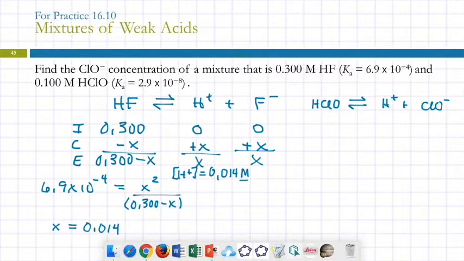So the initial concentration of the hypochlorous acid is 0.100 molar. Can we say that the initial concentration of hydrogen ion is 0? No, because we've got this other acid present. This acid by itself would give us a hydrogen ion concentration of 0.014 molar. So that's what our initial hydrogen ion concentration has to be.